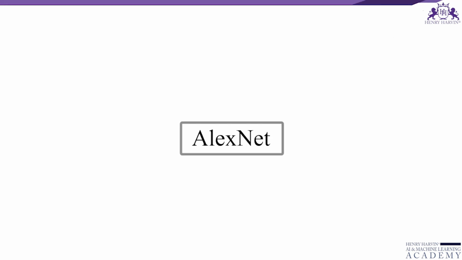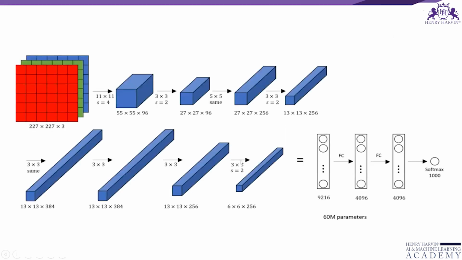Let's look at how it looks first. You can see 1,000 channels here. You can see some inputs, then some convolutions, then maximum pooling, and then fully connected layers also. And then we can see a softmax over here.